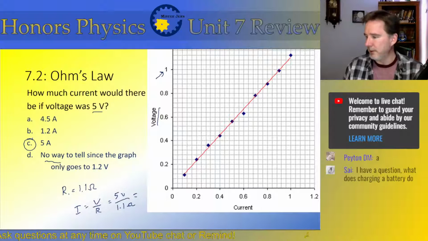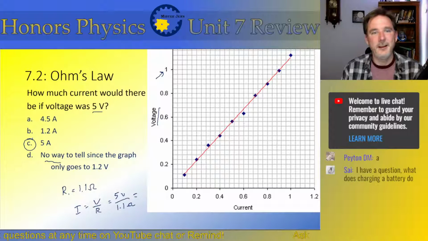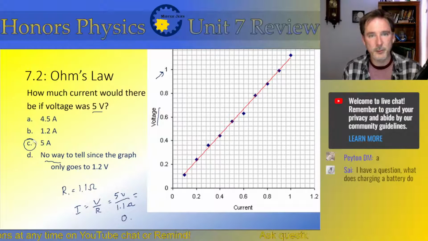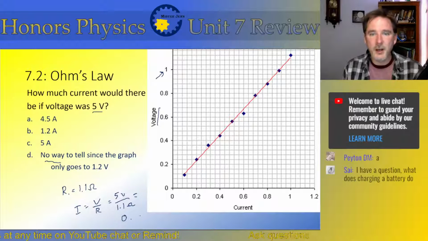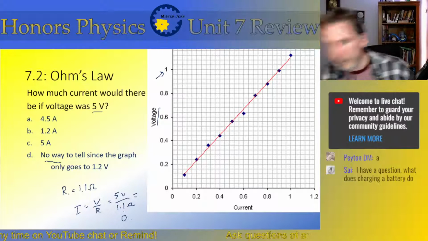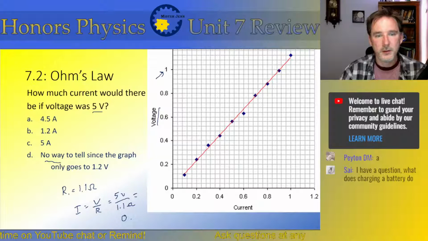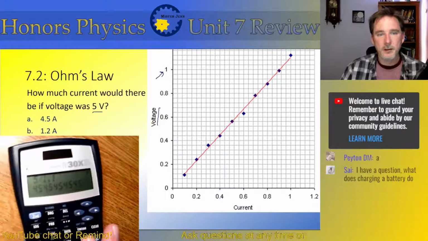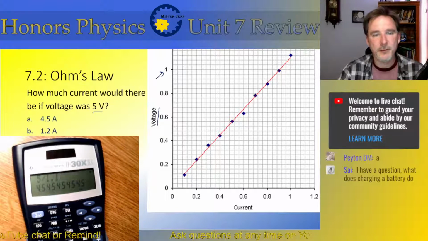Oh, it's not 5, and I should have known that because of the answer I got. Let me erase this really quick before I get anybody confused. The answer I got was 4.5.